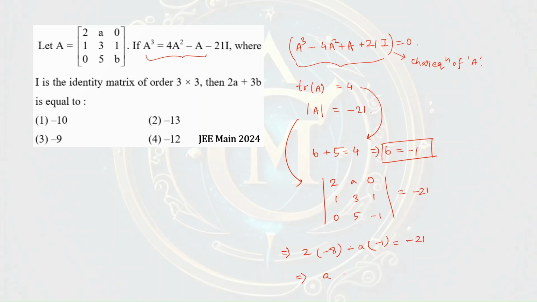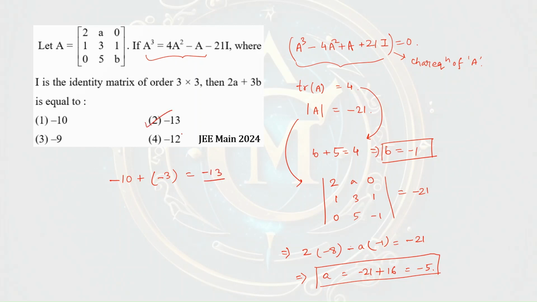That means A equal to minus 21 plus 16. It is equal to minus 5. That means A is minus 5. So we determined A to be minus 5 and B to be minus 1. So 2A plus 3B is minus 10 plus minus 3. So the answer is minus 13.